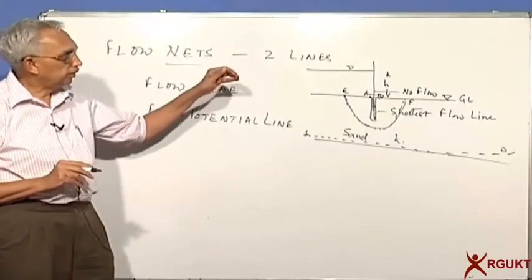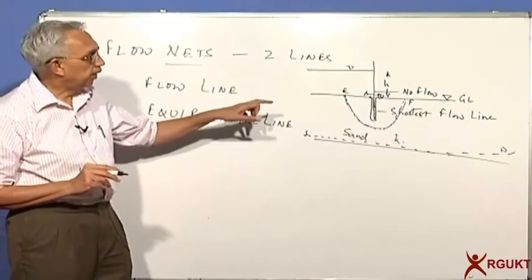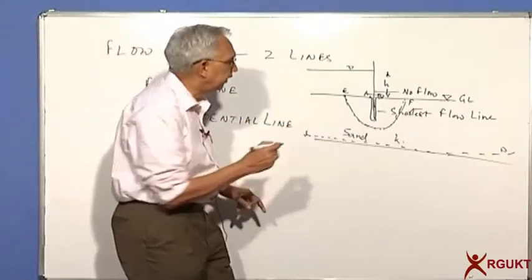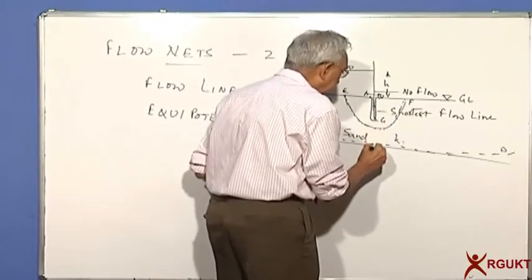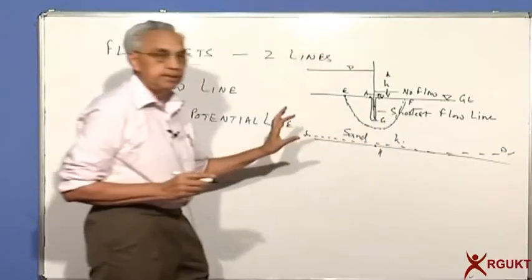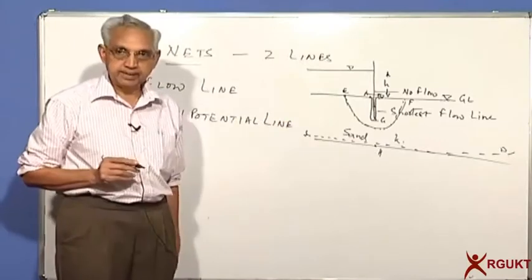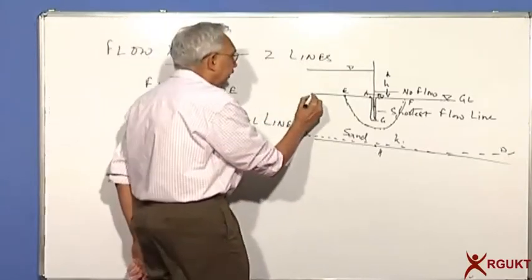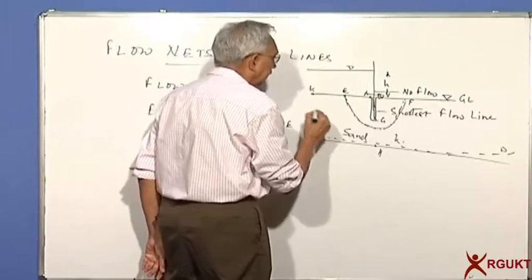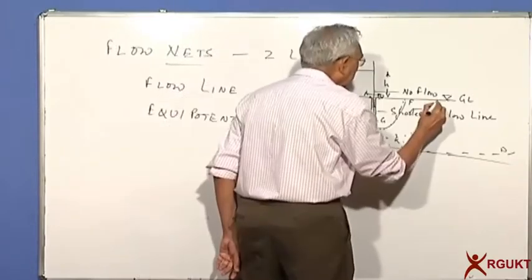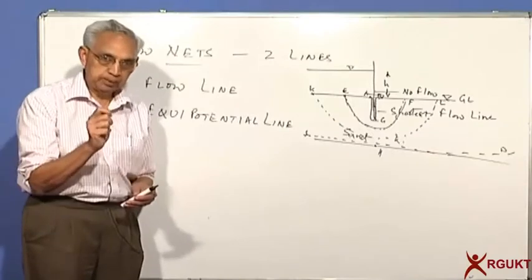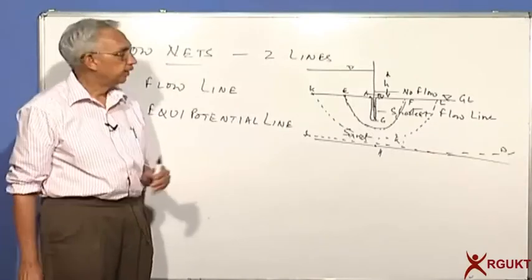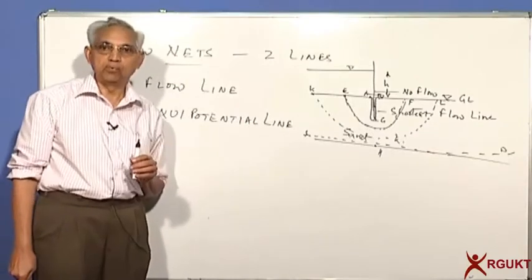The water molecule will come, the path will be somewhere between the bottom, let's say this is called G, and if I look at this point H, the path will be between J and H. If I take any other point here, K, it will come to L. So you can see now with your simple sketching technique, you can draw any number of flow lines.